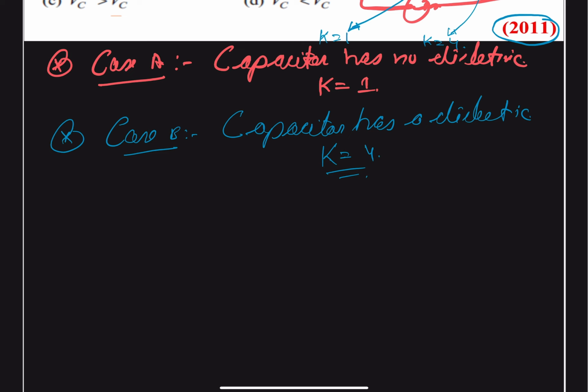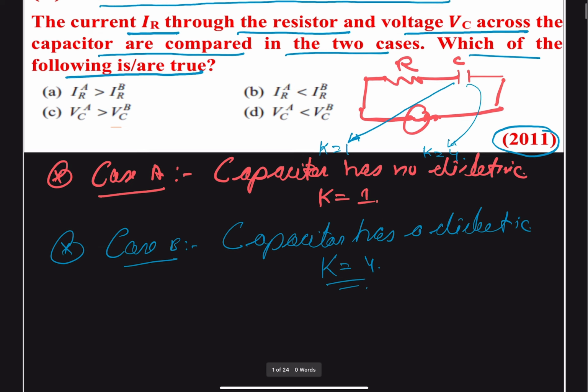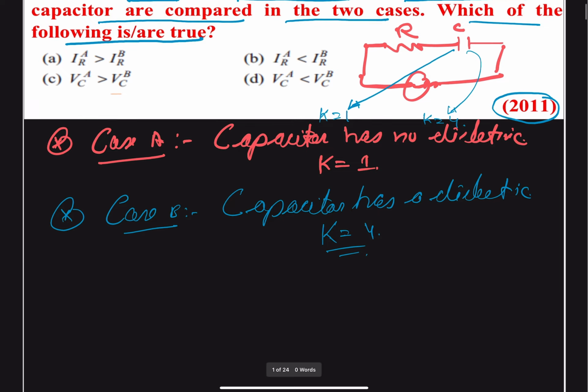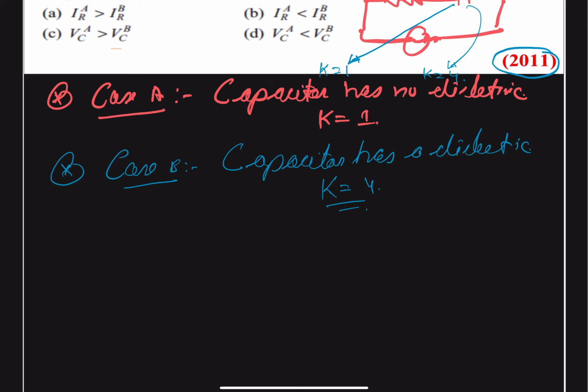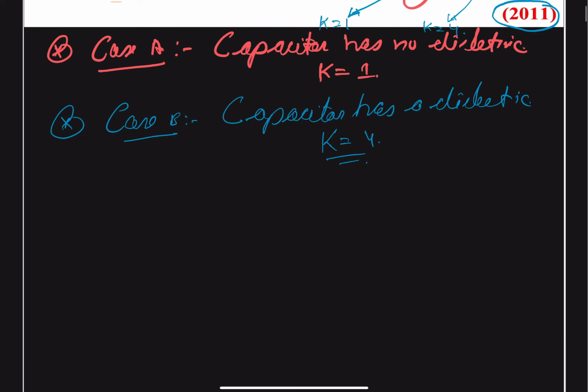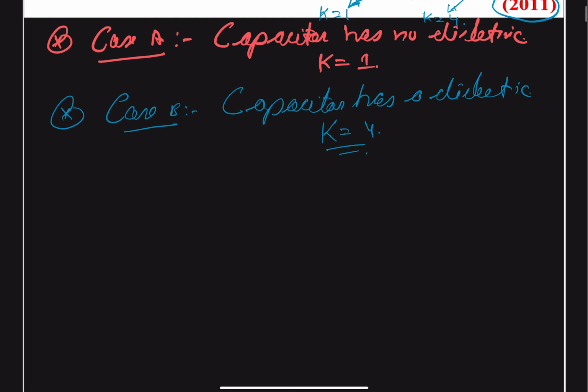And the quantities which we are going to compare are two things. One is the current and another one is the voltage across the capacitor. So first of all, let us try to find out what will be the capacitance in both cases.